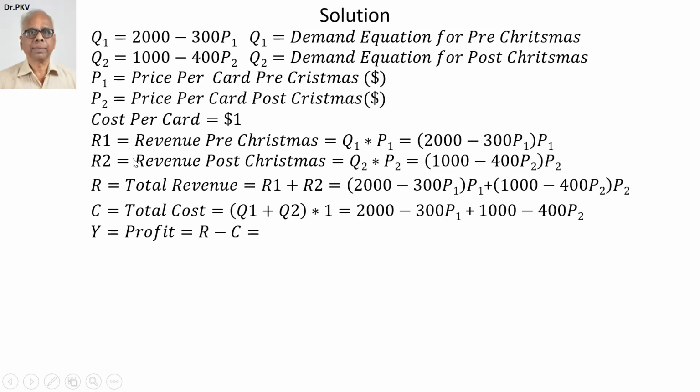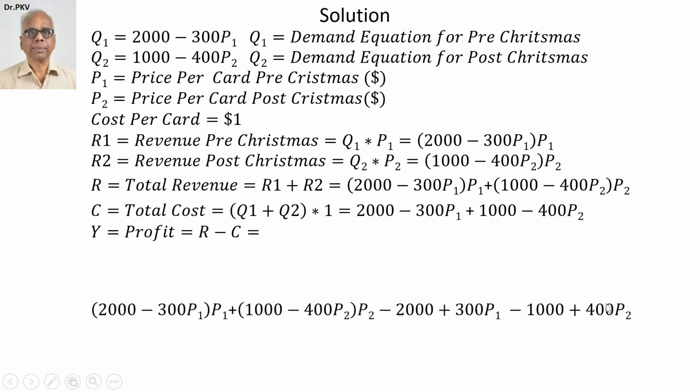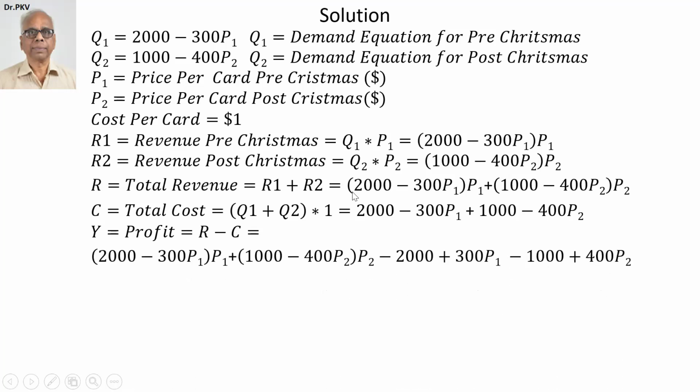So profit is equal to revenue minus cost. Y is the profit, which is equal to R minus C, which is 2000 minus 300 P1 into P1 plus 1000 minus 400 P2 into P2. When I subtract this cost, this will be minus 2000, plus 300 P1, minus 1000, plus 400 P2.